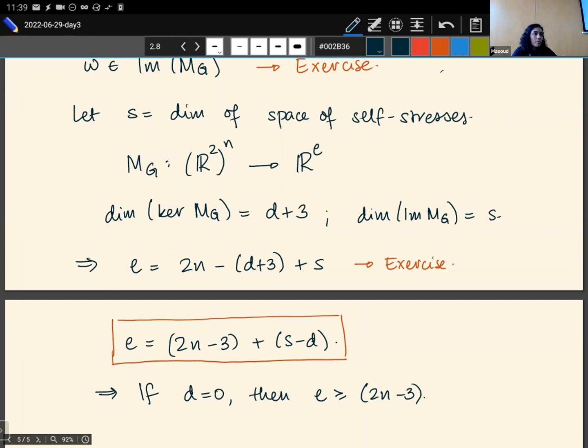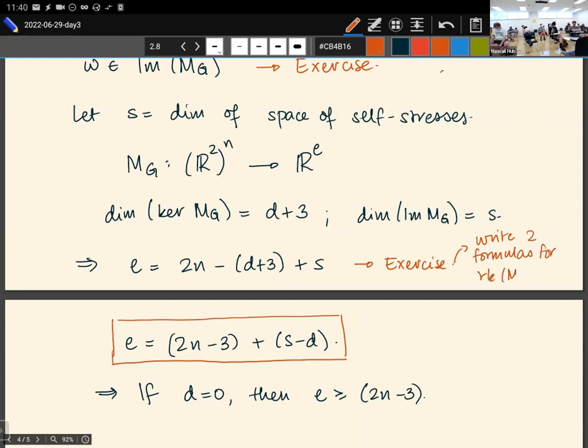That's where the E is coming from. Yeah, so this is an exercise: write down two formulas for the rank of MG. As I said, elementary linear algebra, but somehow not trivial.